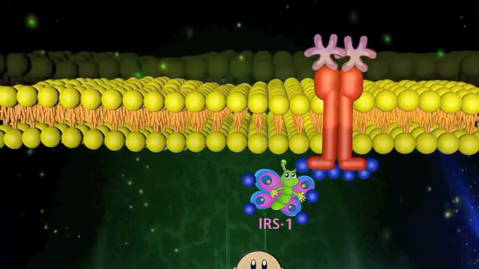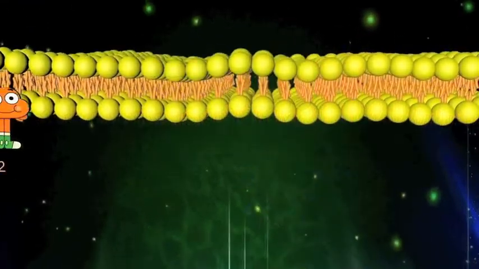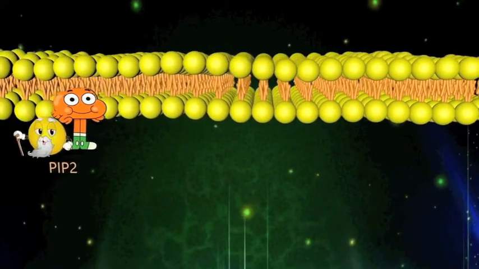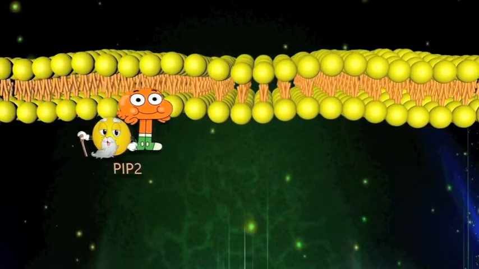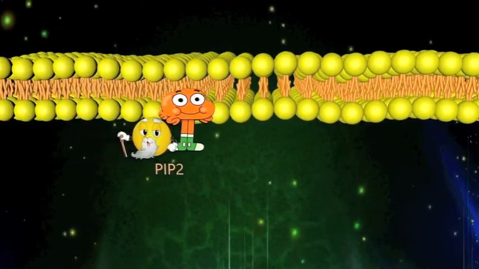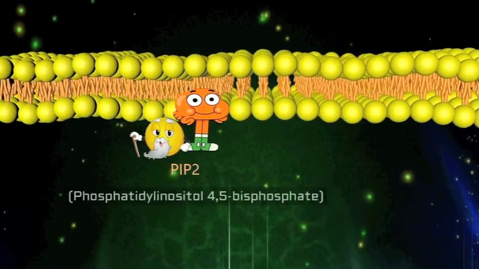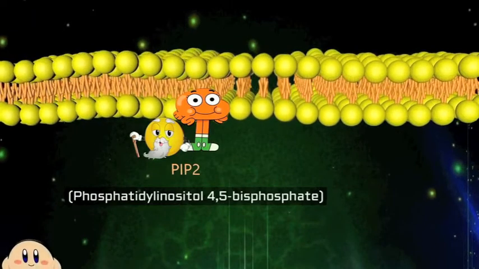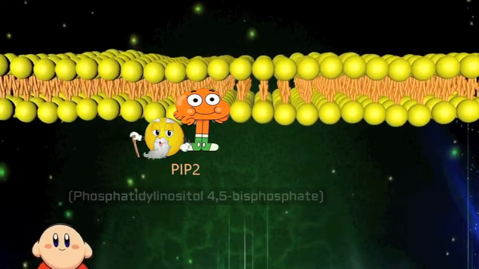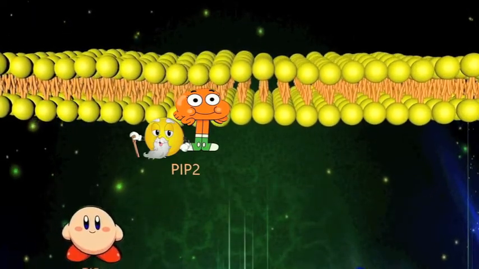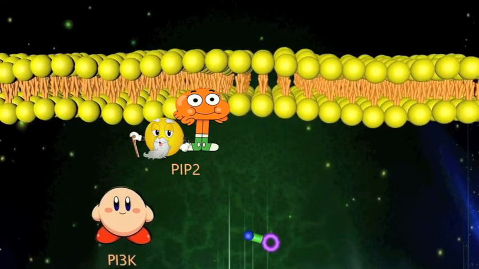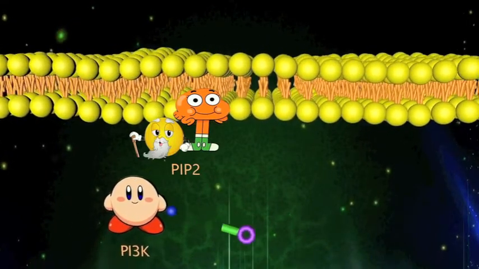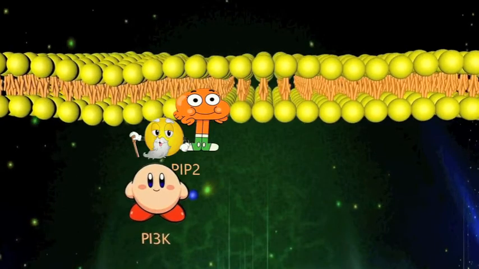After that, it causes phosphorylation of a specific type of fat molecule, which is situated in the cell membrane, known as PIP2, phosphatidylinositol 4,5-bisphosphate. PI3 kinase takes a phosphate group from an ATP molecule.